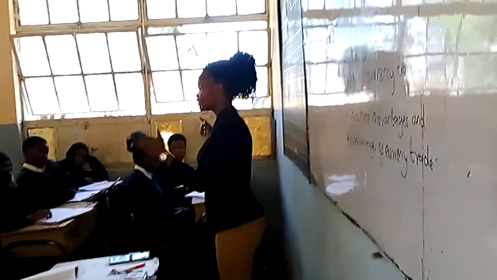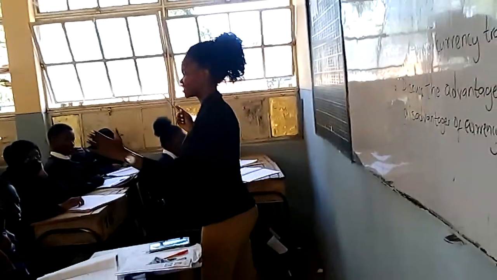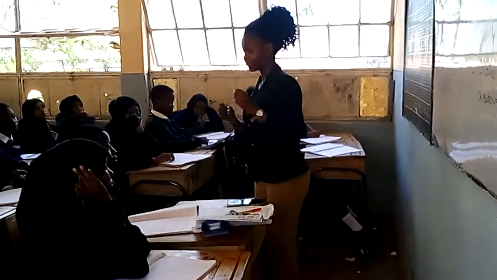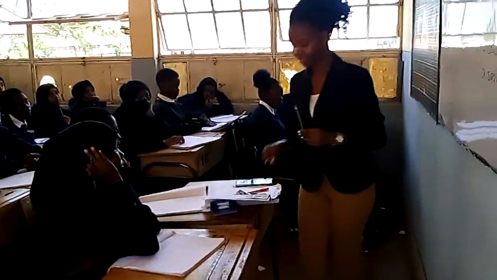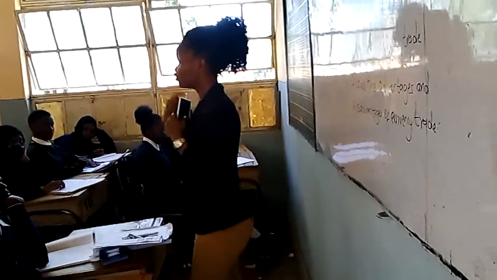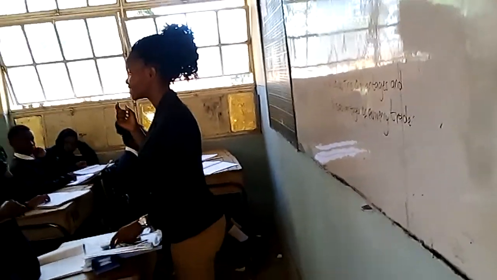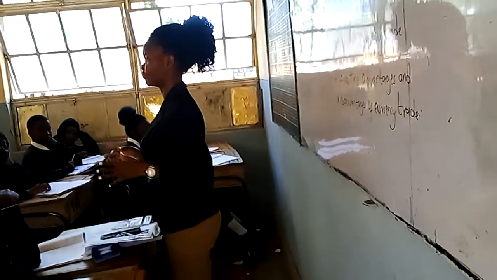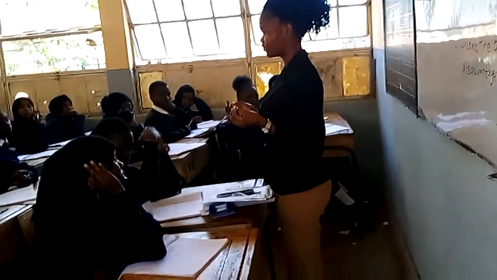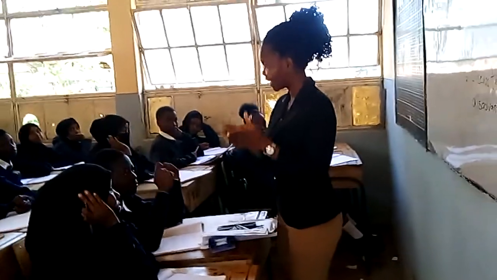Copper, gold, salt, those were the things that were seen as the currency of that time. So for example, I could come to your area, you sell for me this phone, and then I give you gold. Gold was seen as the most precious item at that time. Gold was seen to be of having a greater value. So it was like compared to money.